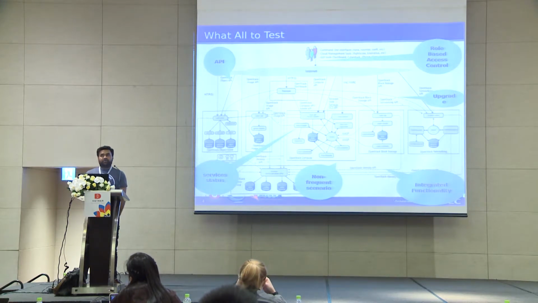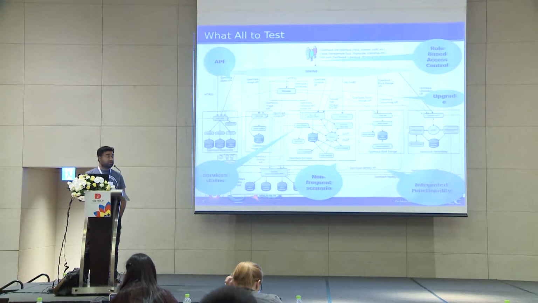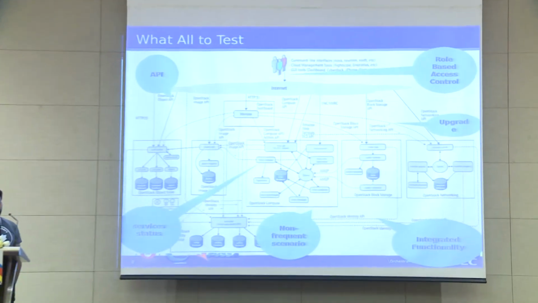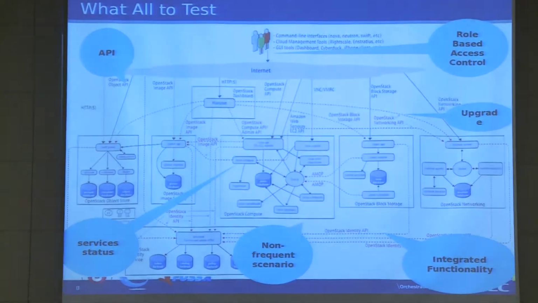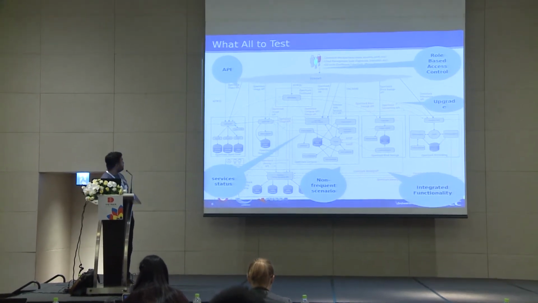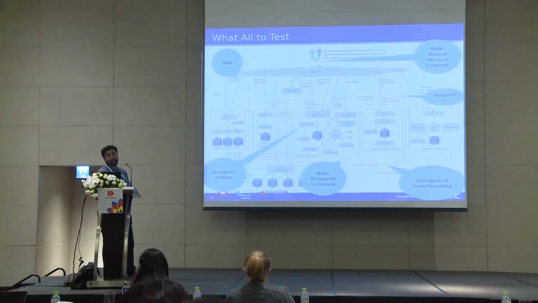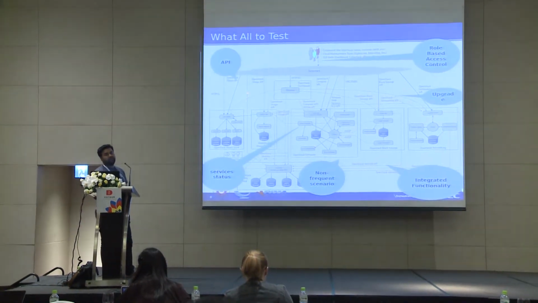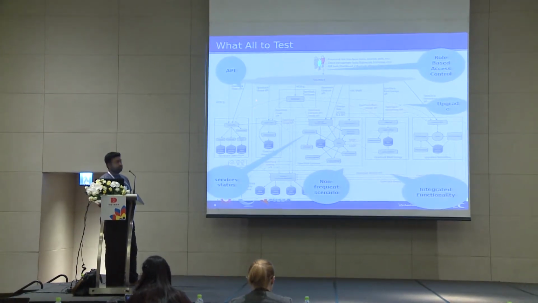When we develop OpenStack, there might be a chance that some of the projects have changed their APIs in a backward incompatible way, which can break your production cloud and your end customers' usage. So for production cloud testing, we have to make sure that whenever you are upgrading, all the APIs are stable, with no backward incompatible changes interrupting anything.